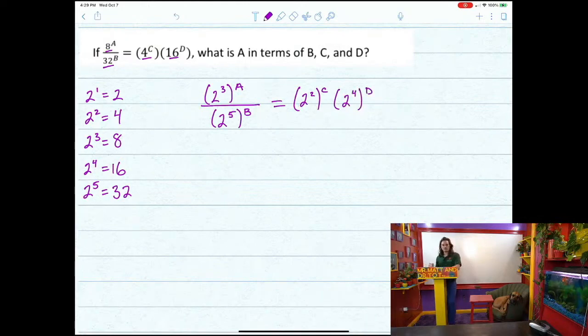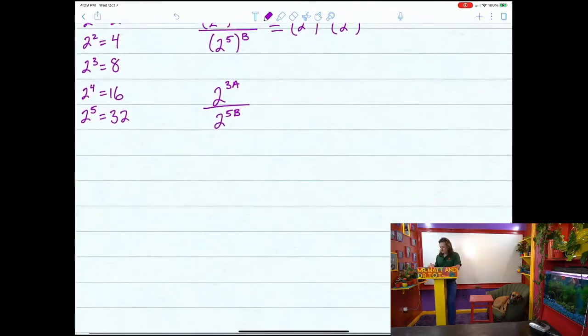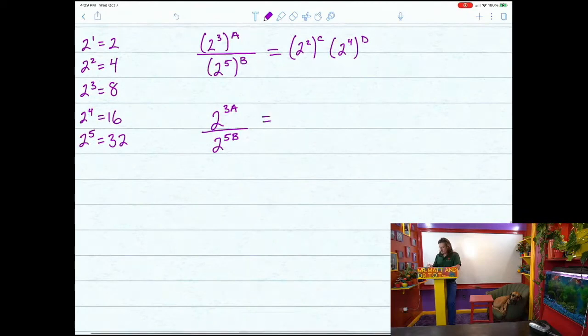Now you have powers of powers, so this is going to turn into 2 to the 3a power divided by 2 to the 5b power is equal to 2 to the 2c power times 2 to the 4d power.